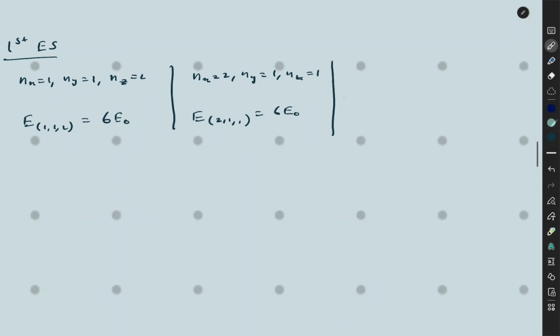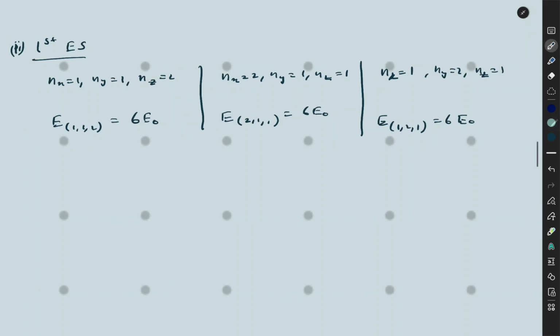And also nx equal to 1, ny equal to 2 and nz equal to 1. So here also we get E of 1, 2, 1 equal to 6 E naught. So we can see that for different sets of quantum numbers we are getting the same energy. So this is called degeneracy.